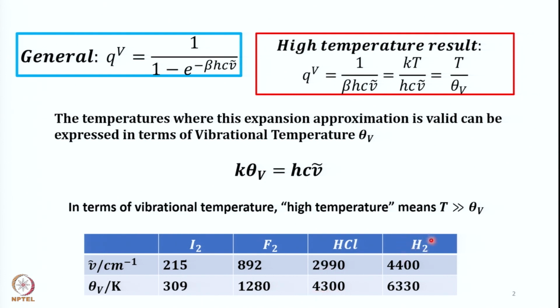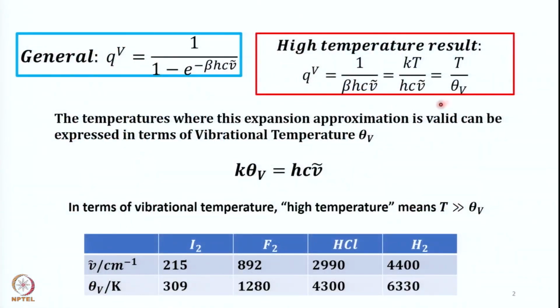Now, look at hydrogen, a very large vibrational wave number, 4400 centimeter inverse, and the corresponding characteristic vibrational temperature is 6330 Kelvin. So, there is more than one meaning which you can assign to this value of characteristic vibrational temperature.